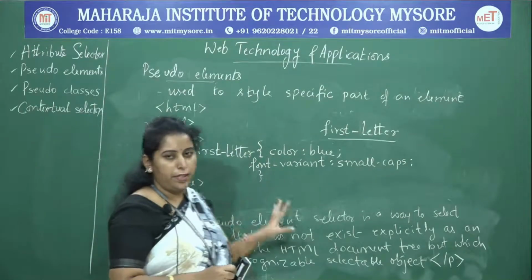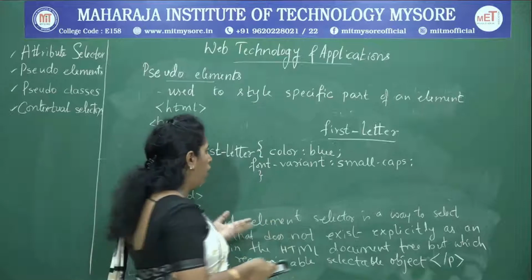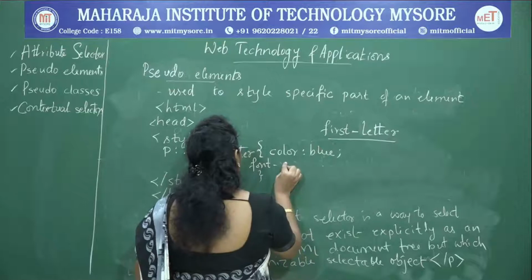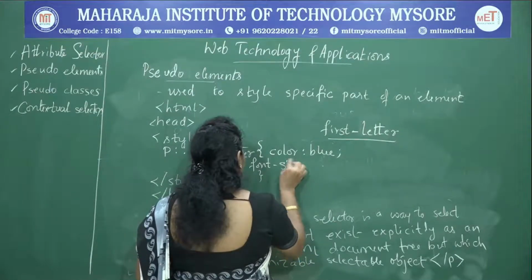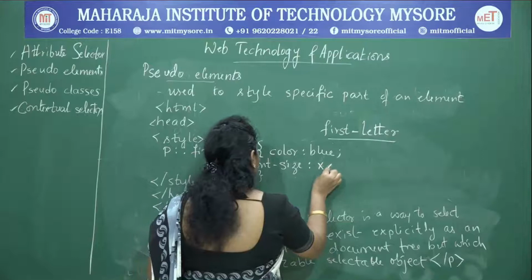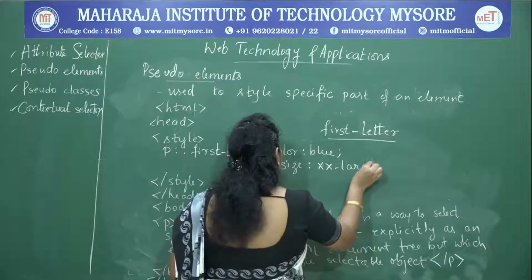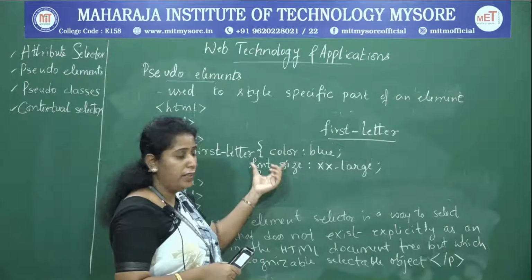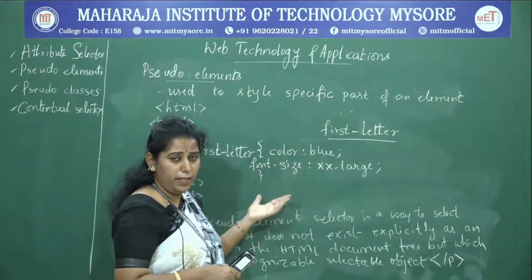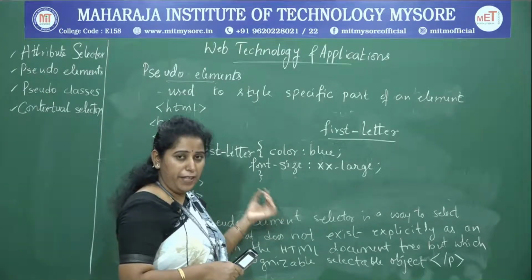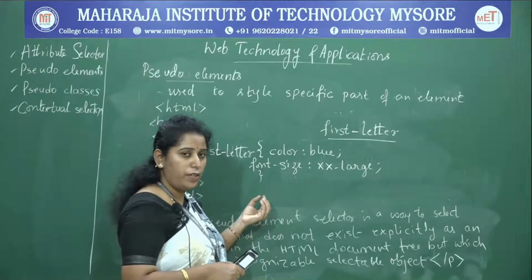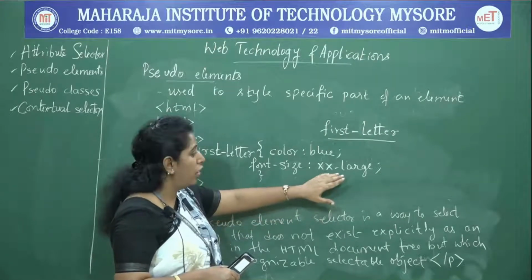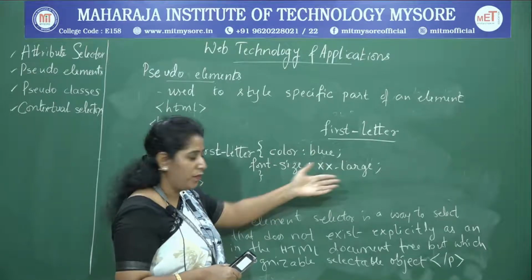Let the properties remain the same, or I can change like this, font size. For font size, I was giving values in points, centimeters or px, right? The units of measure were different. This time I am using it like this. So yes, this indicates that you are giving extra large.